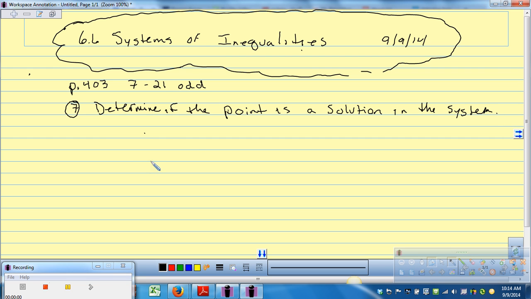All right, and our system is y is greater than 2x plus 4, and y is less than 3x plus 7. And the point is (2, 12).